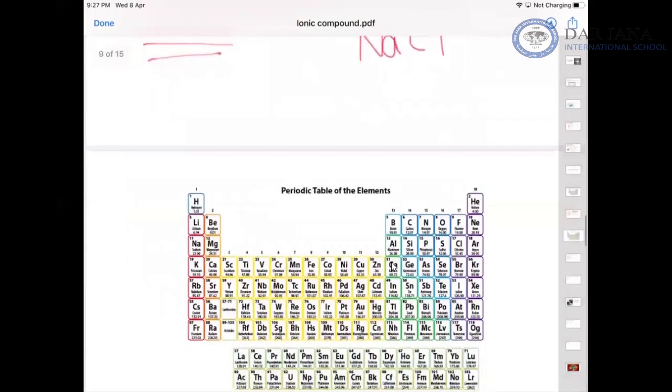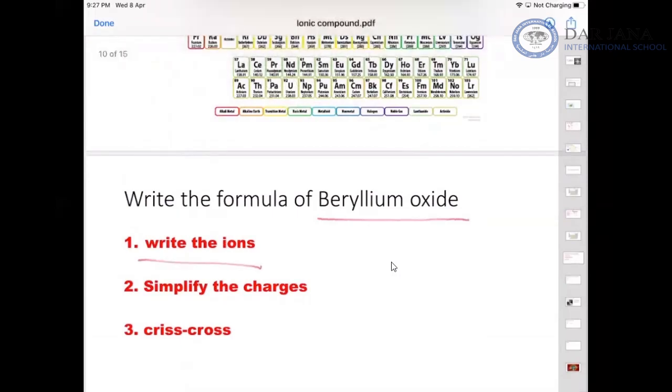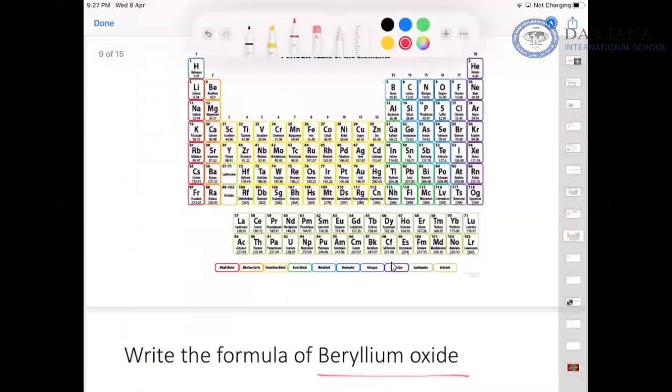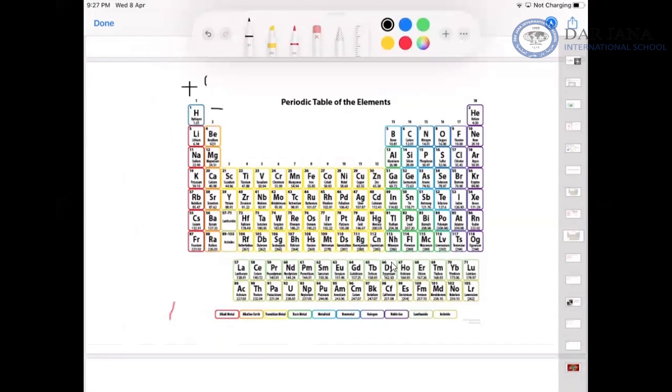Let's try another one. Write the formula of beryllium oxide. So again, step 1, write the ions. So you will go back to the periodic table, and I will have the charges +1, +2, +3, or skip it, -3, -2, -1.